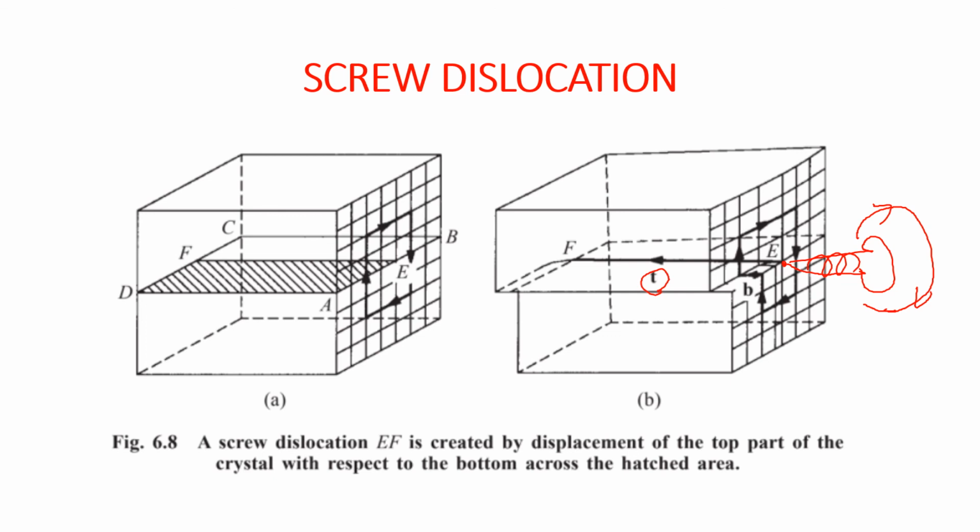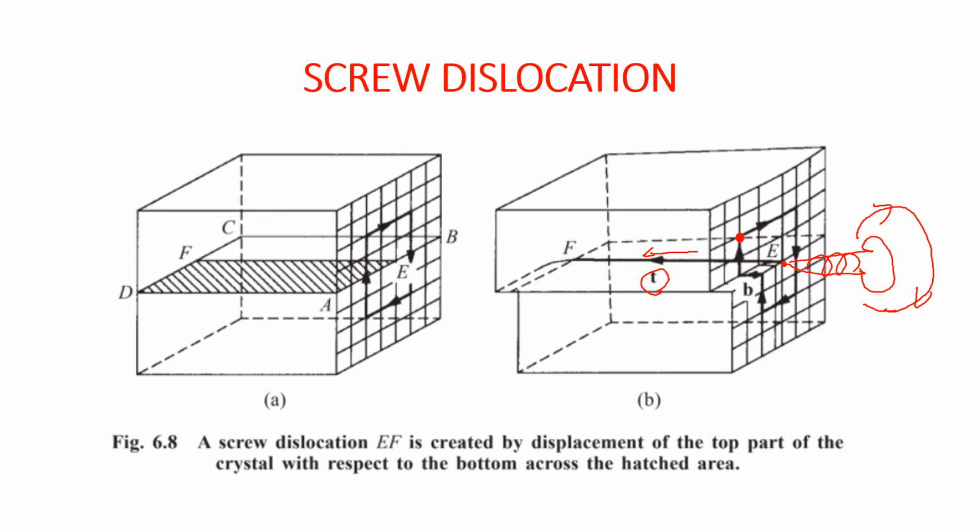If the tip of the screw is moving opposite to the T vector, then the Burgers circuit has to be drawn in the counterclockwise direction. Here you can see, when you rotate the right hand screw in the clockwise direction, the tip will move along the T vector. This is the T vector direction. So we have to draw the Burgers circuit in the clockwise sense.